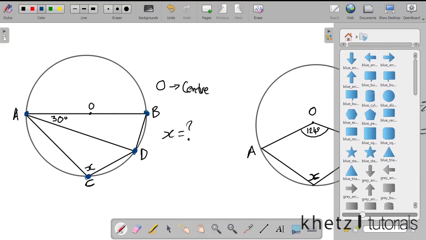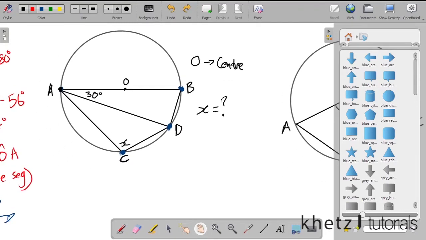So now that we know that this is a cyclic quadrilateral, we can actually apply rules which are associated with cyclic quadrilaterals, right? So the first thing that you will notice is that you have a diameter, because we're told that O is the center. So a line that passes from one point of the circle and goes all the way to the other side of the circle, and passes through the center, qualifies to be called a diameter.